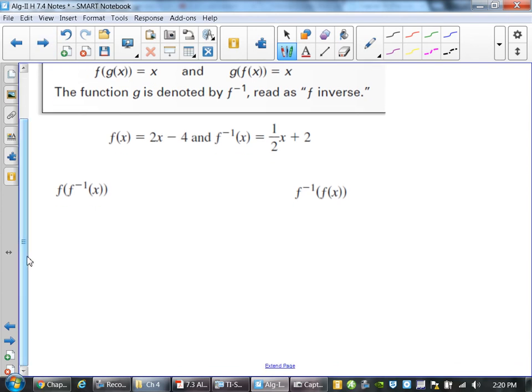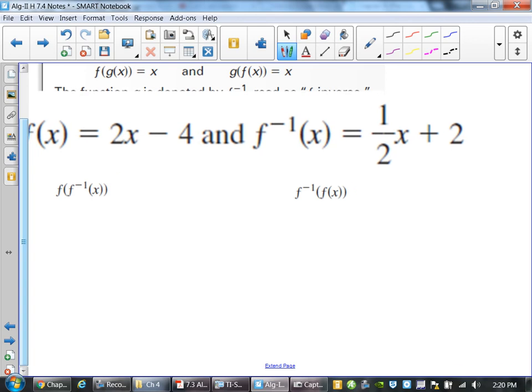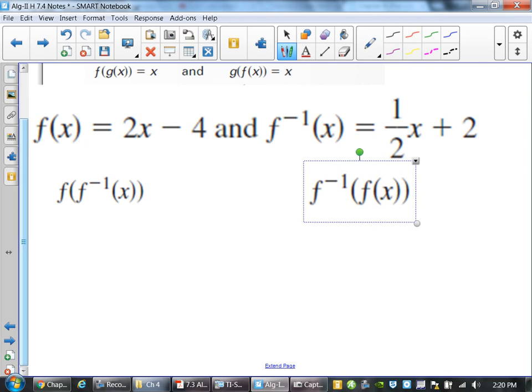So let's do this verify thing again here. Remember, in order to show that these are inverses of one another, both of these two setups have to equal x. And people ask about this third hour: what happens if they don't both equal x?